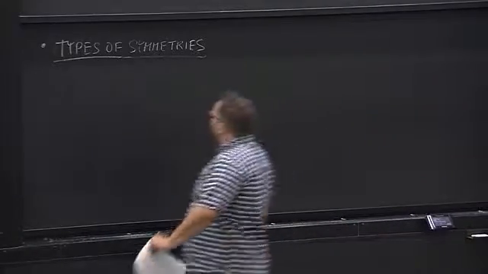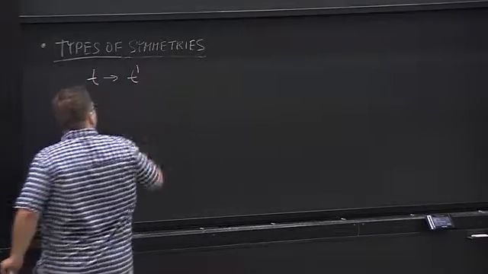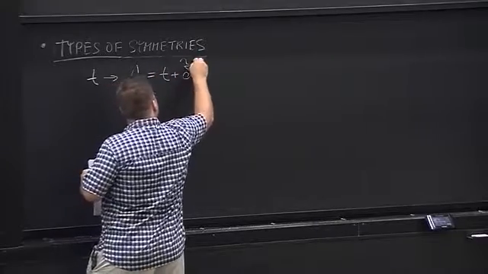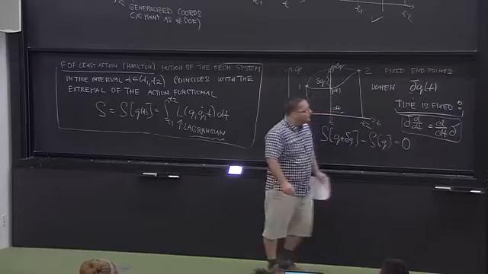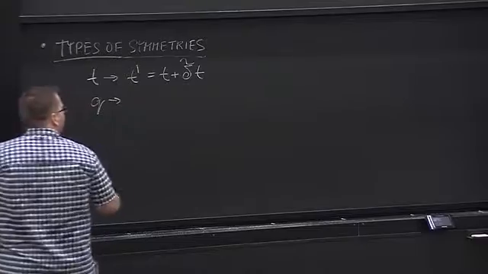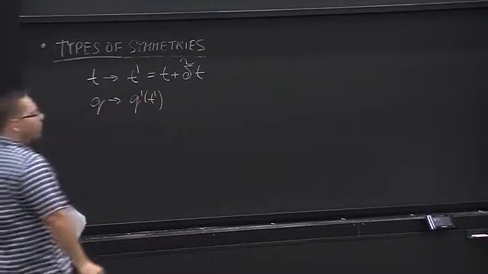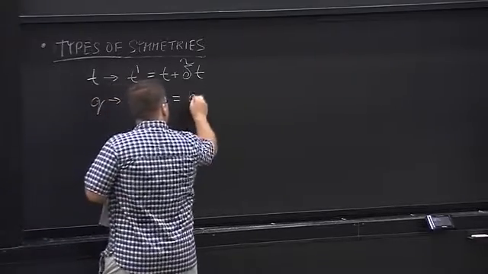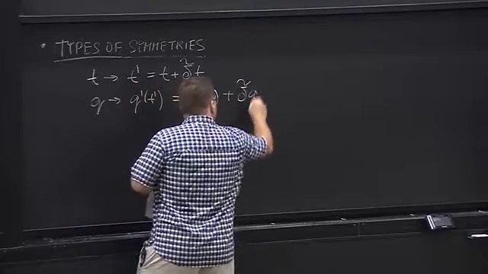Okay, so we can consider transformations like going from time t to t prime, which is t plus delta t. I can change time to t prime, and in the same way I can change my generalized coordinates to generalized coordinates which are now functions of this new time t prime, which will be my original one plus delta q.